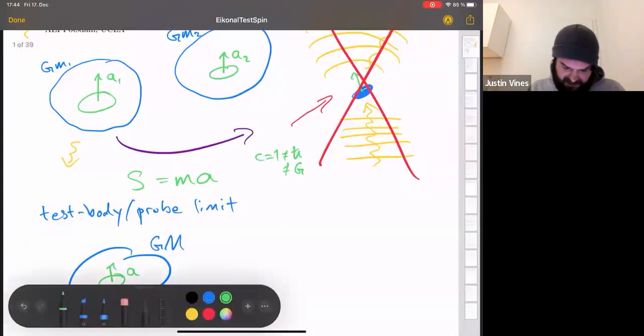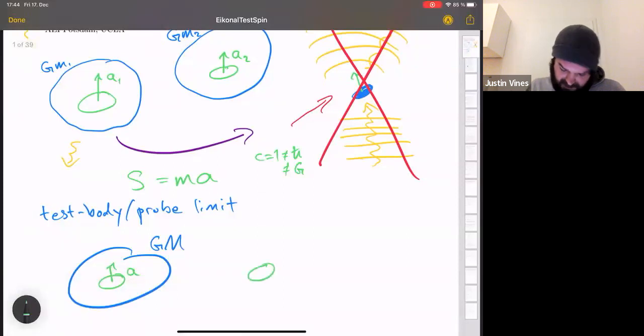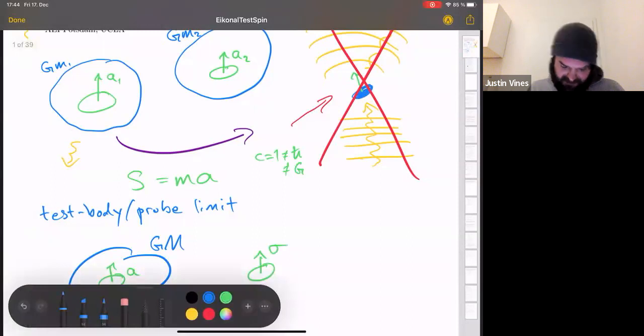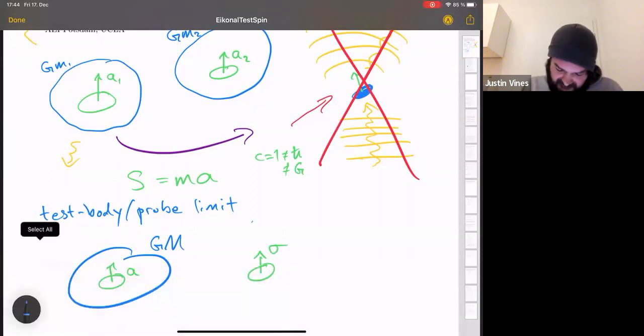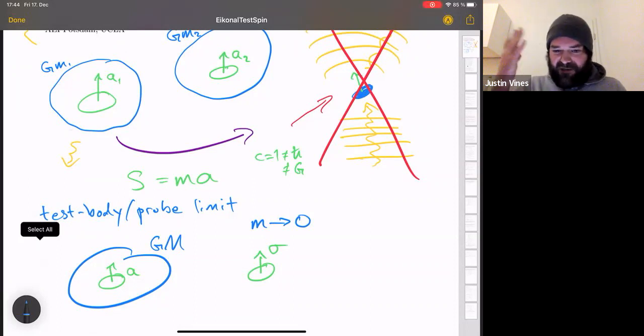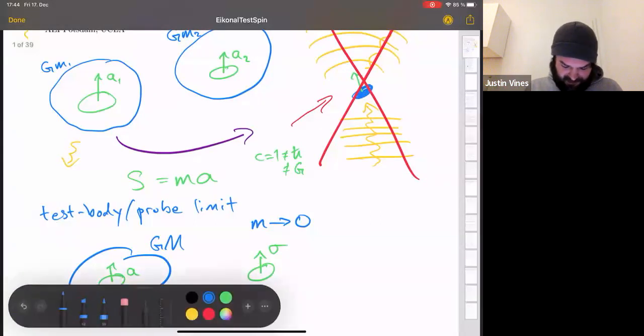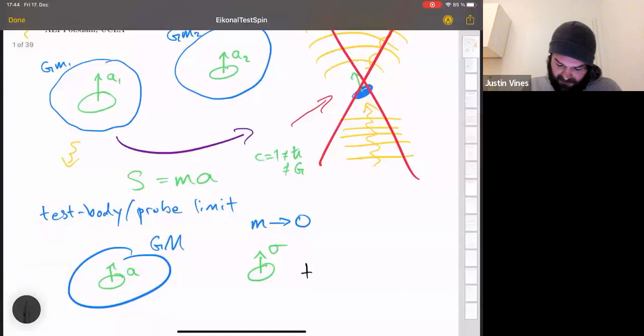But then say I started with another spinning black hole, but I took its mass to 0. I wanted to make it a test body or probe. Of course, if I do that at fixed ring radius, which for the little guy I'm going to call sigma, that's the ring radius of this test black hole.